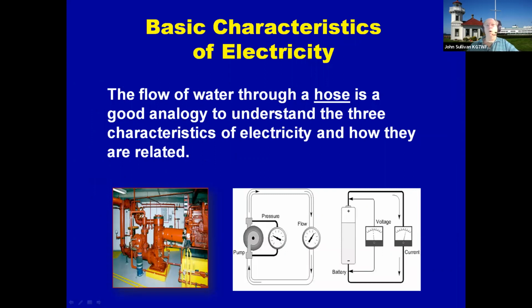You can also think about electricity like water flowing through a pipe. You can see the analogy here: the pump on the left pumps the water through the pipes. You can measure the pressure, the difference between one side of the pump and the other, and you can measure the flow of the water through the pipe. That's similar to electricity, with the pump representing the battery and the pipe representing the wires.